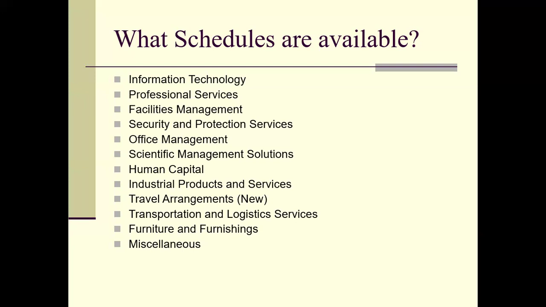Office management is basically the copier services, the printer services, the functionality that you have to support a piece, and it basically excludes all of the higher level functionalities that are in the professional services.